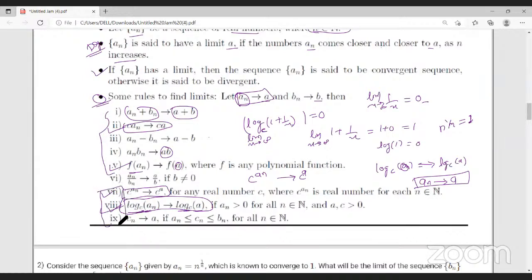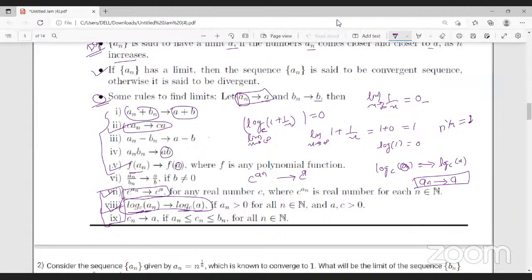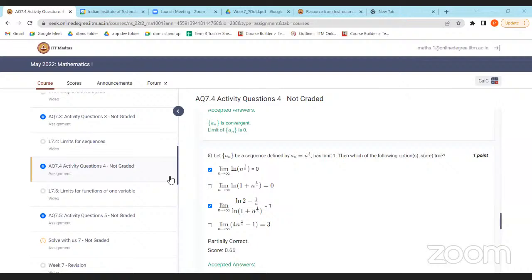Okay, last 3 properties. Now in the 4th option also, here you can see, if I have c to the power a_n, I can write it as c to the power a, right?